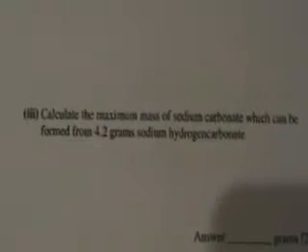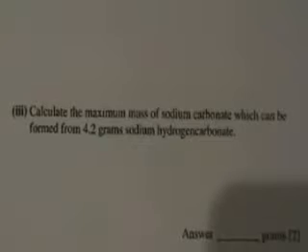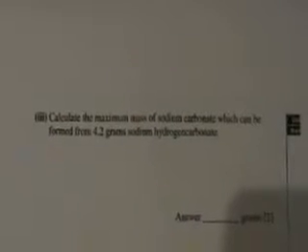Okay, now the next question, the final part of that question, asks you, based on the previous answer, calculate the maximum mass of sodium carbonate which could be formed from 4.2 grams of sodium hydrogen carbonate.